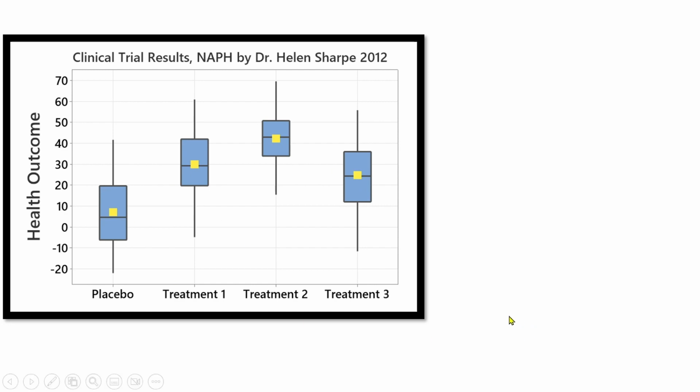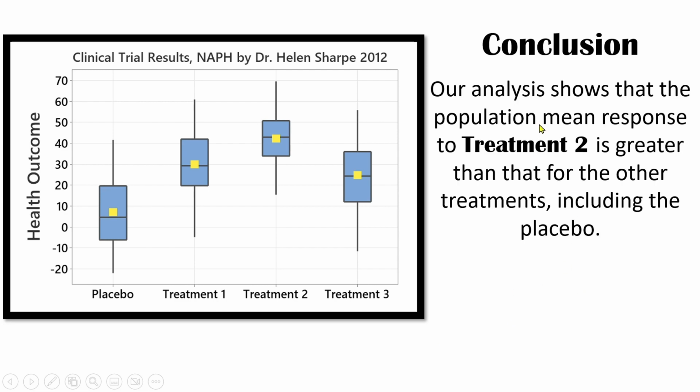Well, now that we've done the analysis and we've rejected the null hypothesis, we can say that our analysis shows that the population mean response to treatment 2, right, we're identifying treatment 2 because of the multiple comparisons, is greater than that for the other treatments, including the placebo.